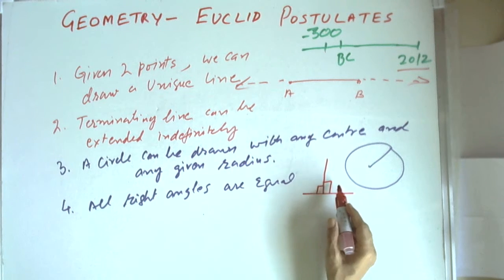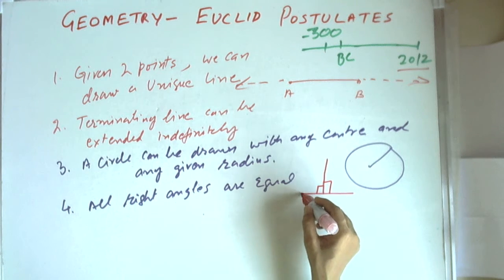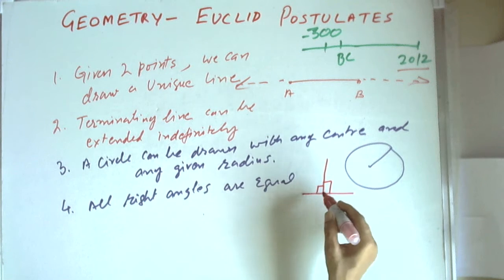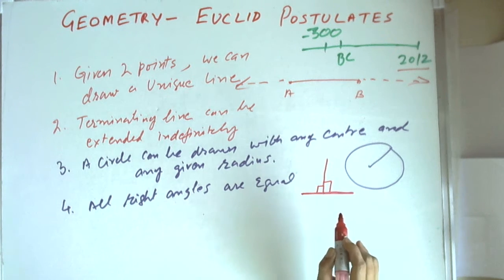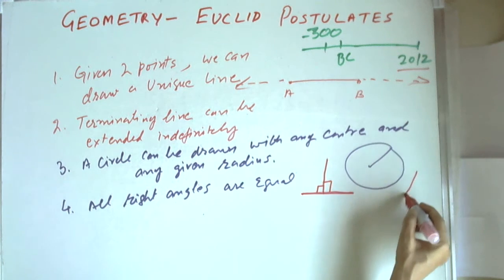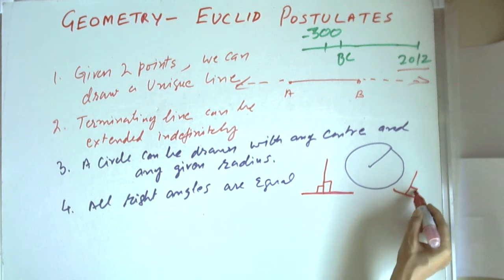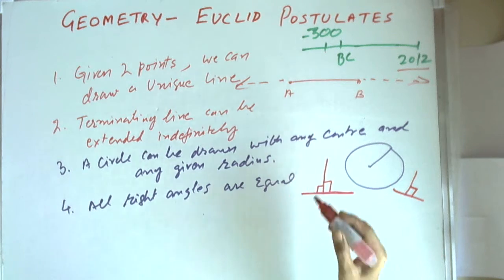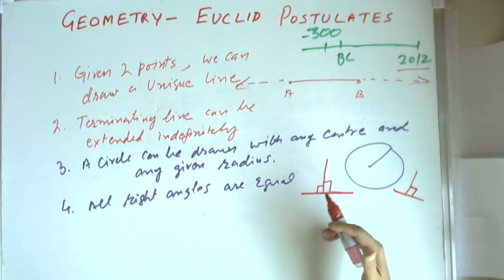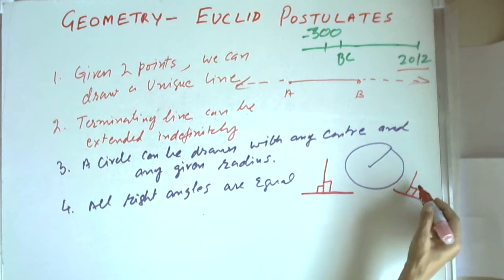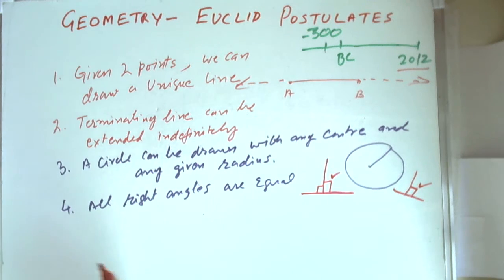Whenever we draw a line which is perpendicular to the other line, the intersection will always make a right angle, and these right angles wherever we draw, in whatever position we draw, they will all be equal. So we can draw like this, like this, like this. In whatever position we draw, all these right angles will be equal.